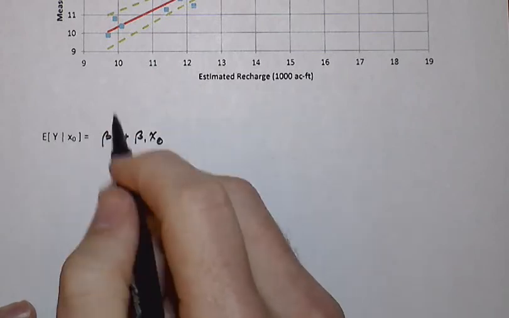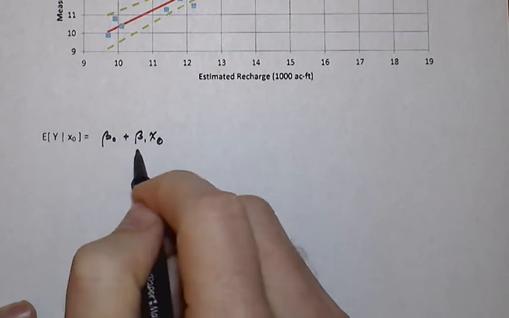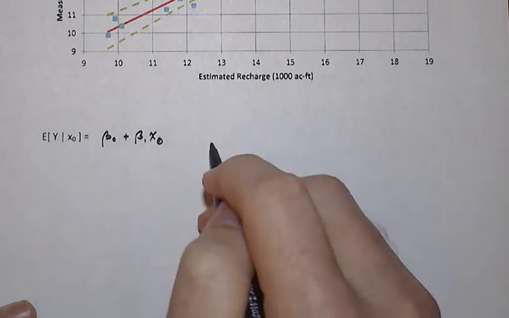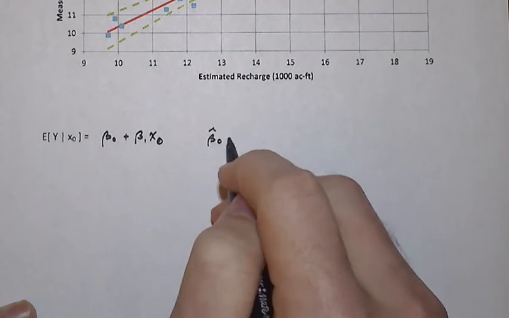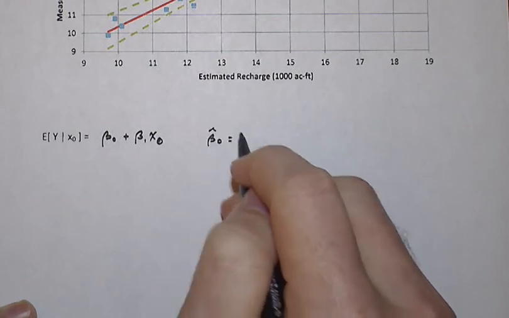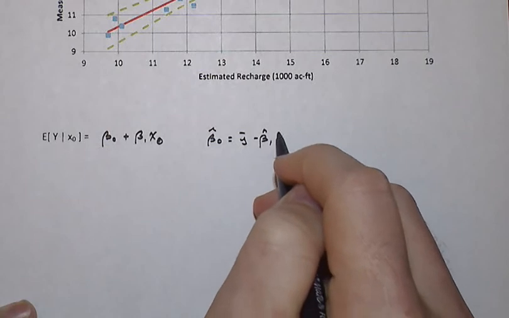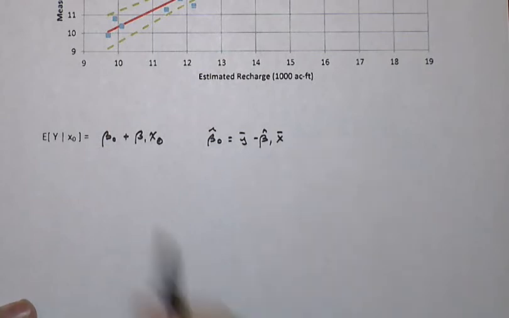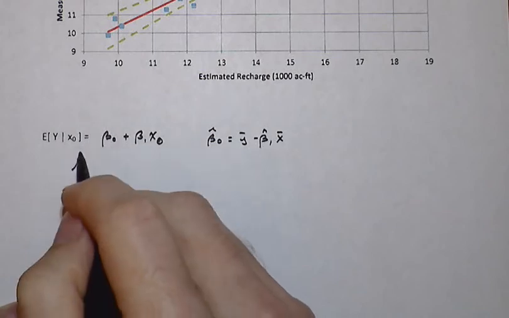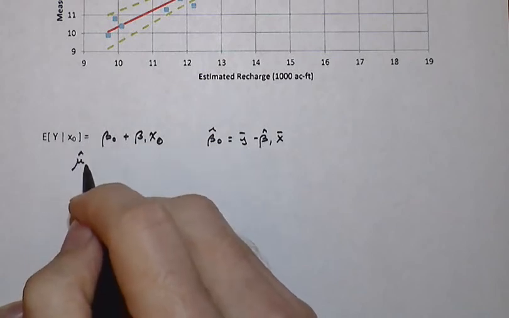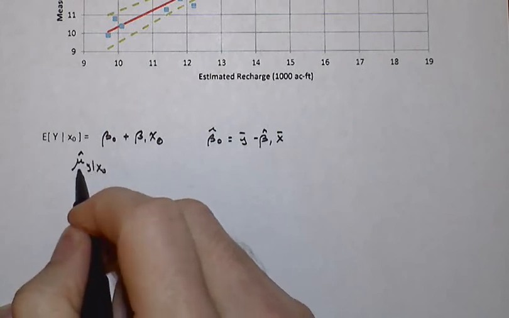Also keep in mind that although this is the true statement for the population, when we went to estimate our parameters, we had beta naught hat equal to y bar minus beta 1 hat times x bar. So when we take a look at the estimated value of the conditional mean, this is what we're going to estimate now.